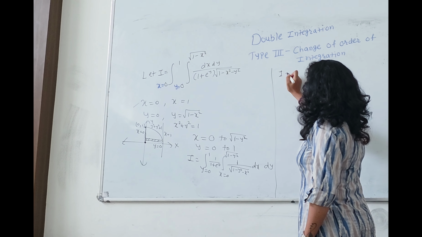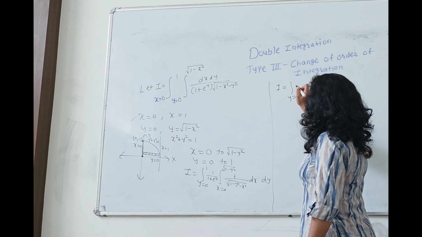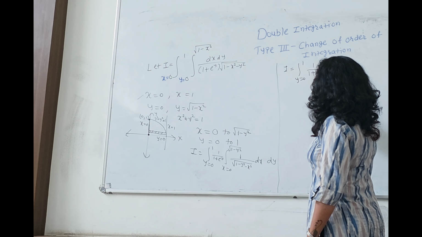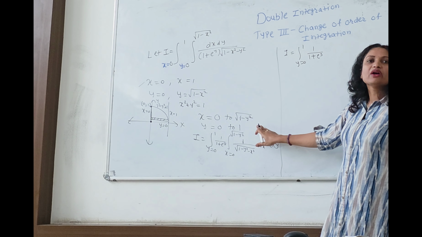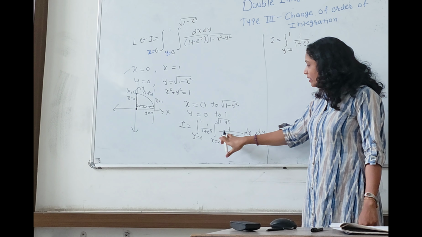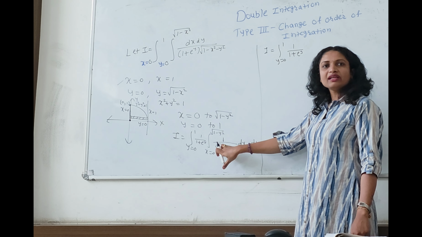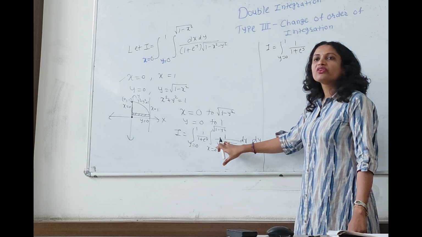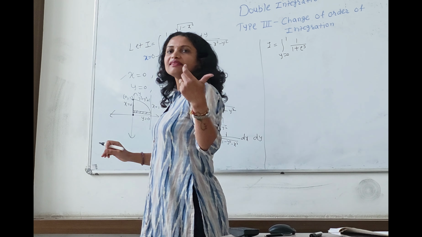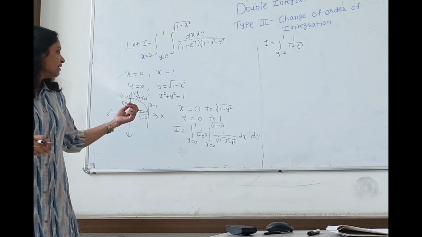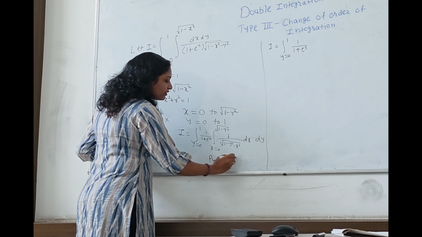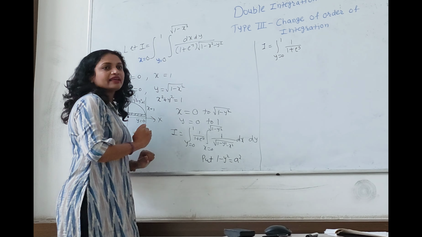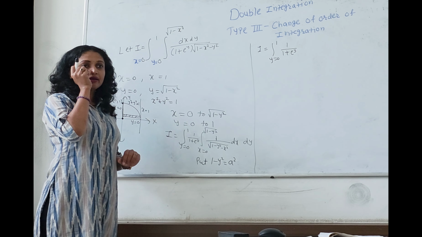So these terms will be as it is, like y equals to 0 to 1, 1 upon 1 plus e raised to y. Now, you may observe that with respect to x, y is constant, 1 is also constant, right? So instead of the bigger constant, let's substitute some smaller constant. So we may write here 1 minus y square is some smaller constant, that is a square. Okay?